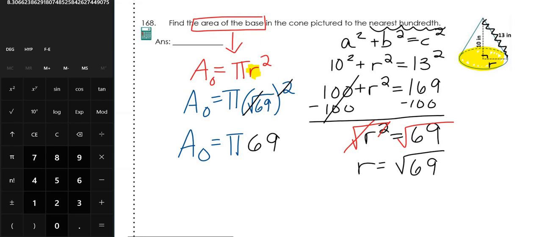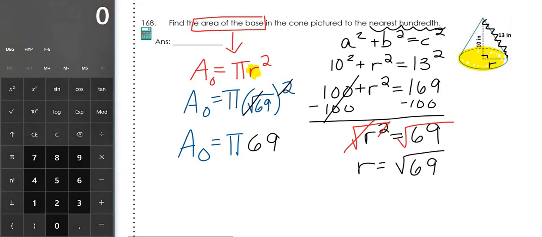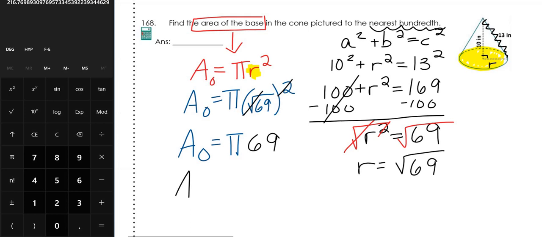So let's go ahead and multiply in that pi. 69 times pi equals 216 point, and they want it to the nearest hundredth, so 216.77. So the area of the circle is 216.77, and this is going to be in terms of inches squared because it's area.